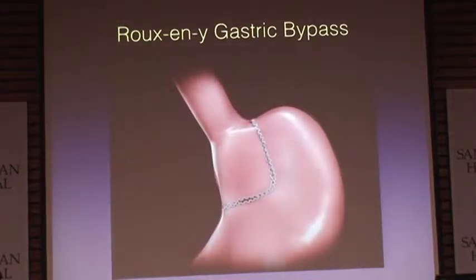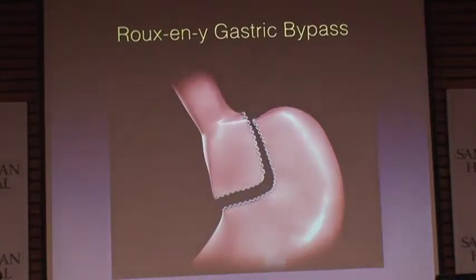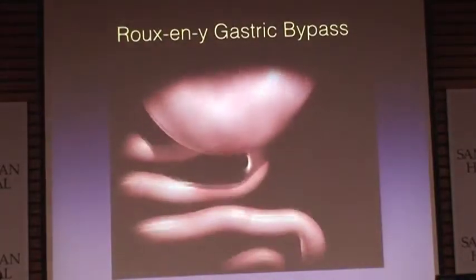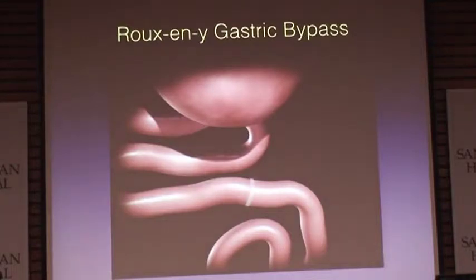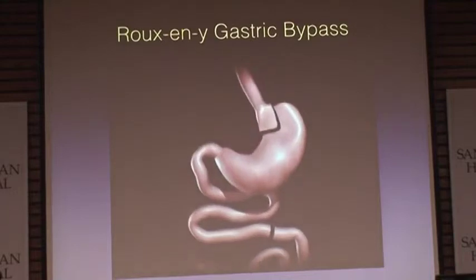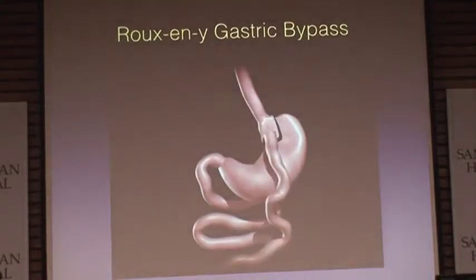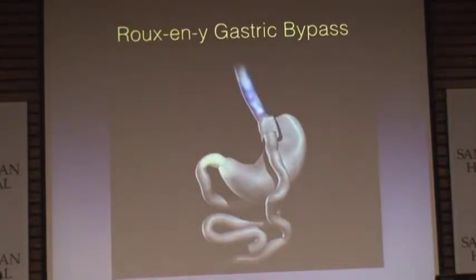And the concept is, using the native stomach, we staple and separate the top of the stomach from the remainder, and then we bring the small intestines and make a connection to that new stomach, this being the new gastric pouch or the new reservoir for food.